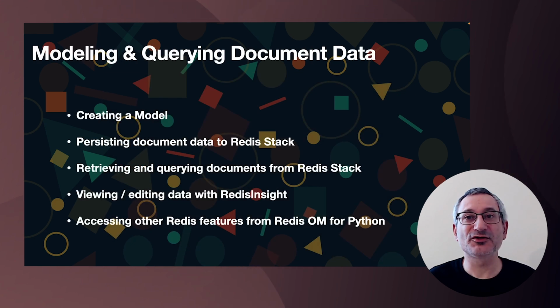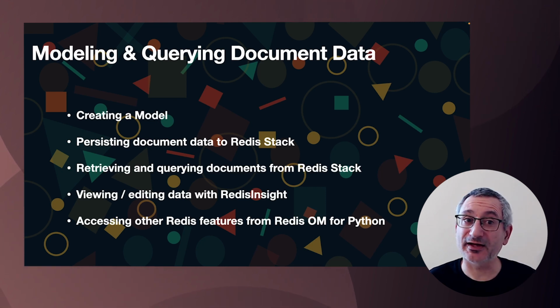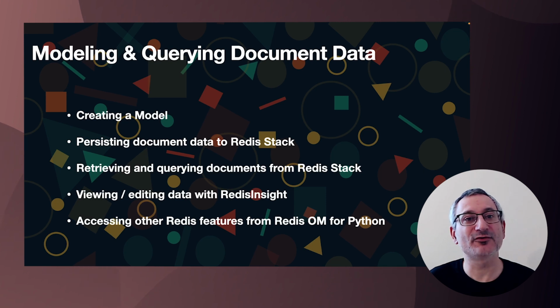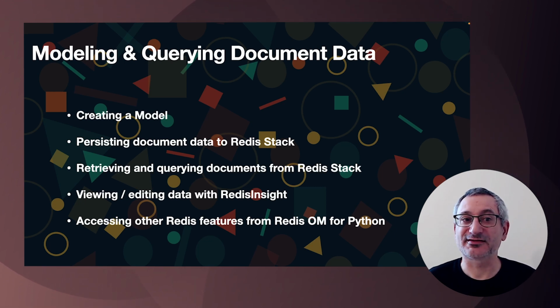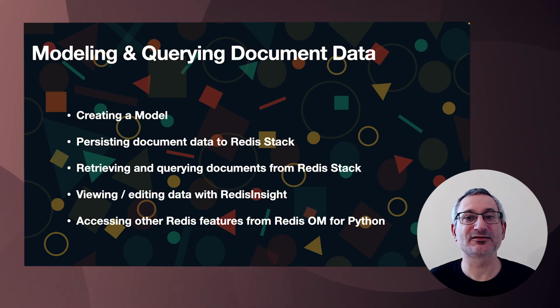So what we're going to do over the course of the workshop here is first look at how to create a model in Python with Redis OM, and that'll be a class that we create. Then we look at how to persist instances of that model to Redis Stack and use the Redis Insight tool to see what actually happens when we do that, what gets written to the data store.